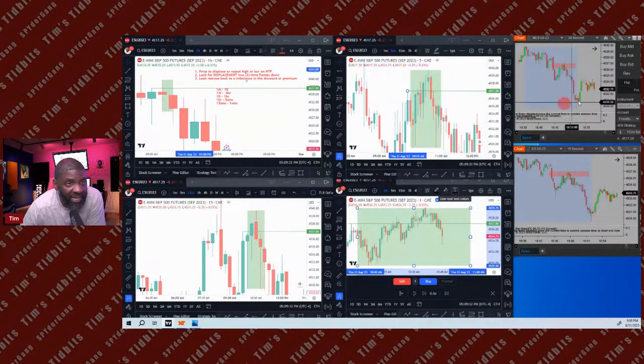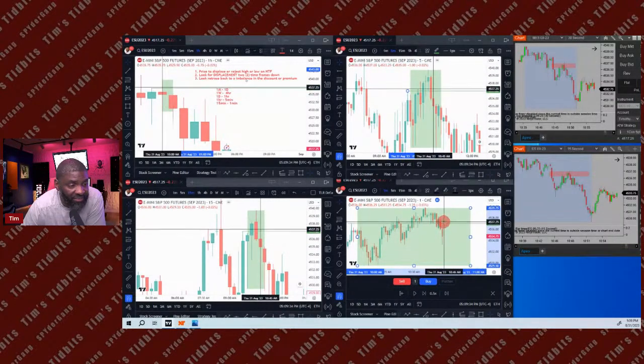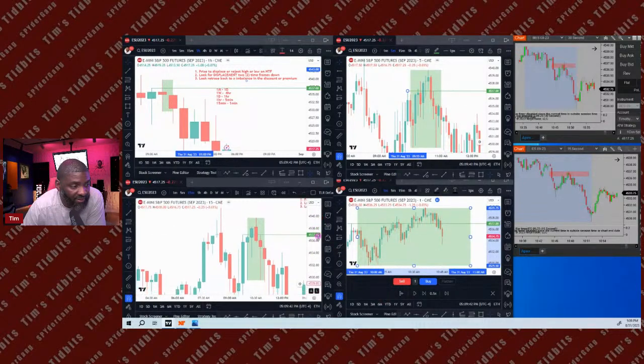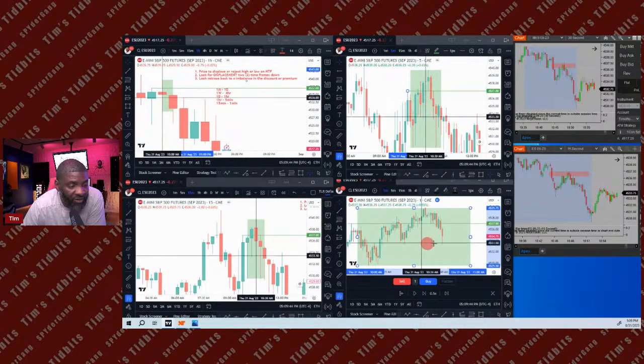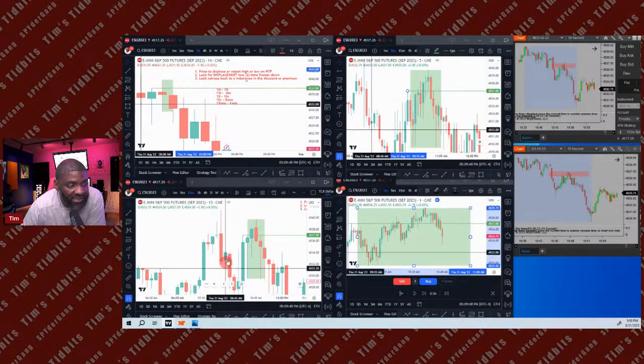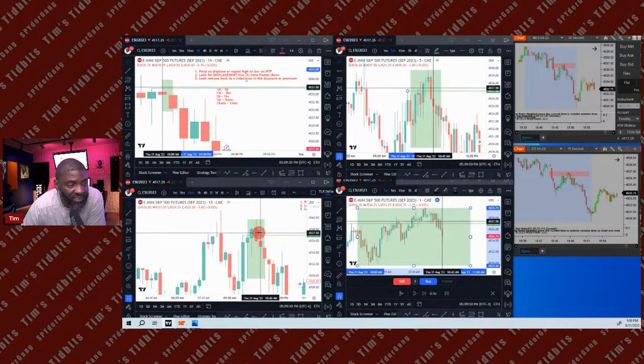So now, tying everything together with all the time frames, right? The reason why I remember now, the reason I was looking at the 1 minute from earlier, is because I was looking at the high from the 15 minute.